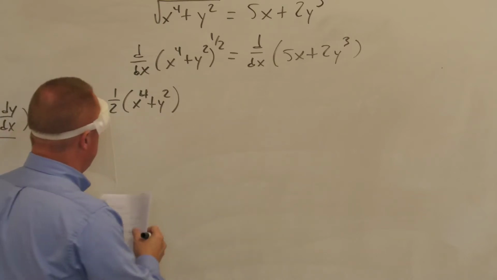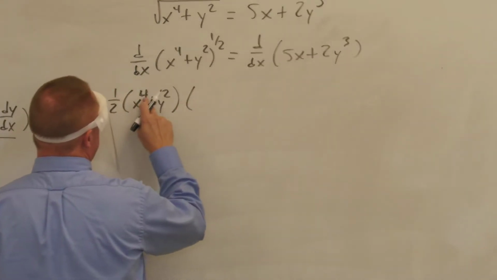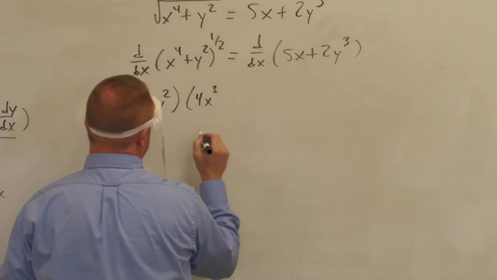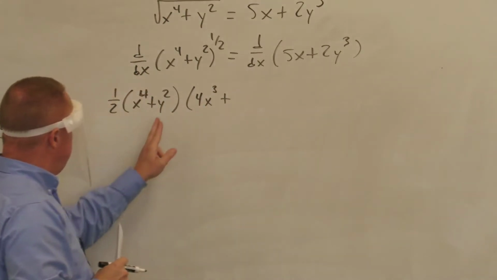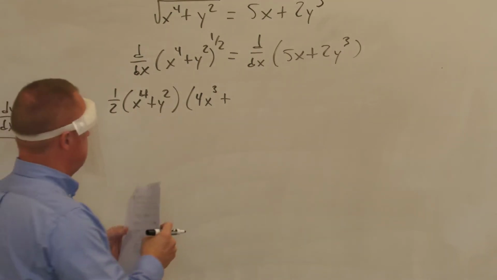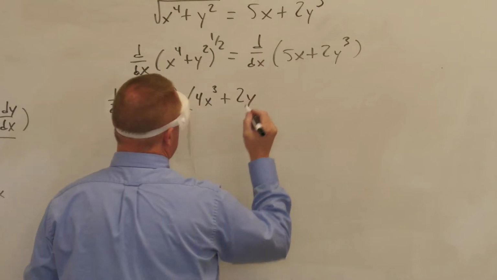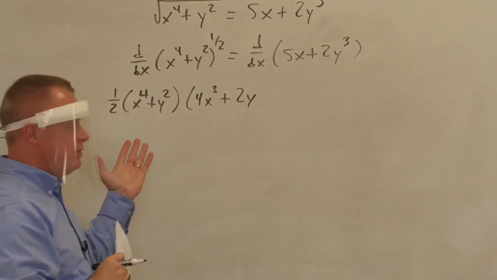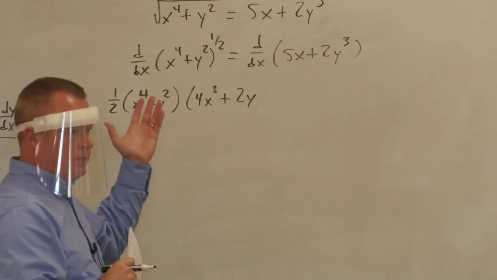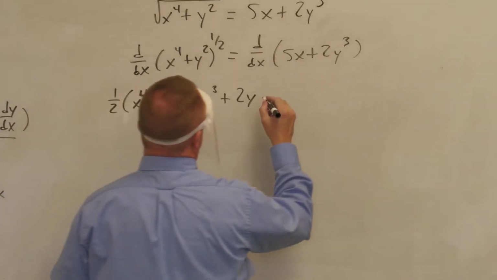So the derivative of x to the 4th, just power rule, is 4x cubed plus the derivative of y squared. Well, that's going to be 2y. And then since it's y, the derivative of the inside is the derivative of y with respect to x, I've got to multiply by the y prime on that one.